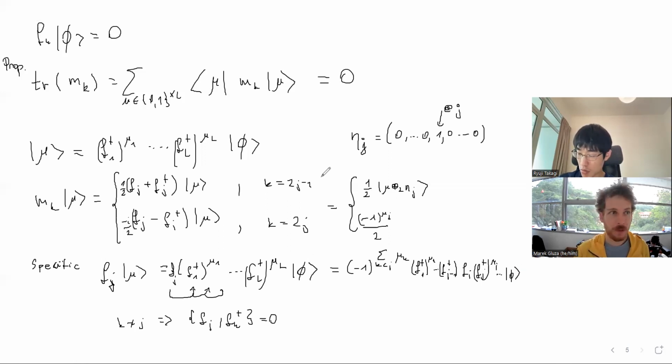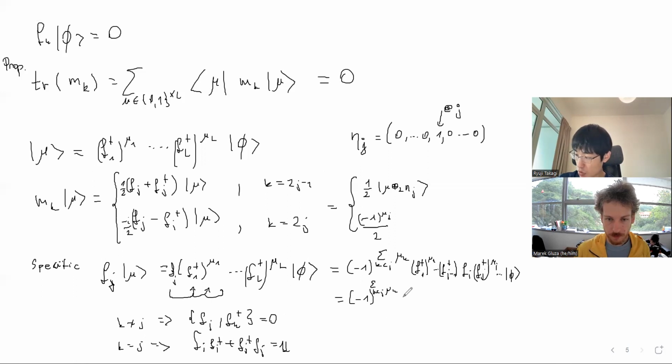Here we have vacuum. So if I have k equals j, then fj fj dagger plus fj dagger fj is equal to identity, which means I'm getting this -1 to the summation over k smaller than j of mu k.